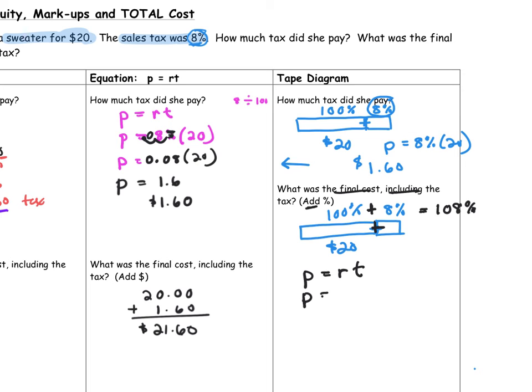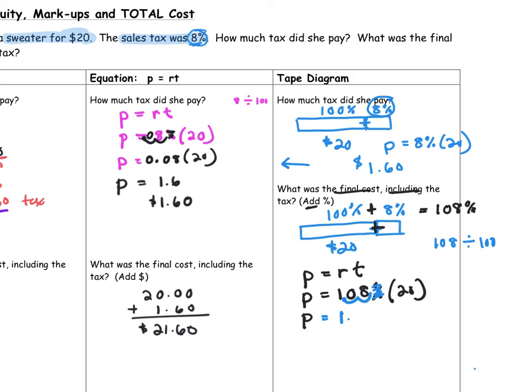So I'm going to write part equals 108%. So that seems really strange, times 20. We still have to scoop the decimal, or we have to take 108 divided by 100. We still need this not to be a percent. We need it to be a decimal.